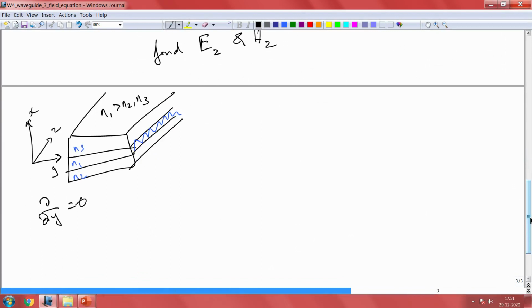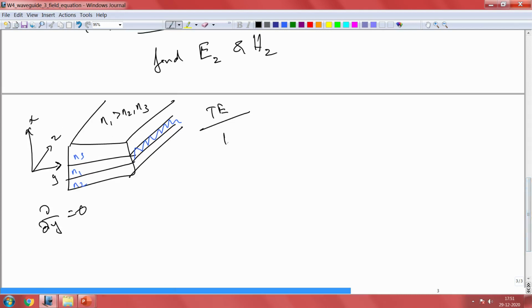So for TE wave, let us look at how the TE is going to be. For a TE wave in a planar waveguide, Ez will be 0.